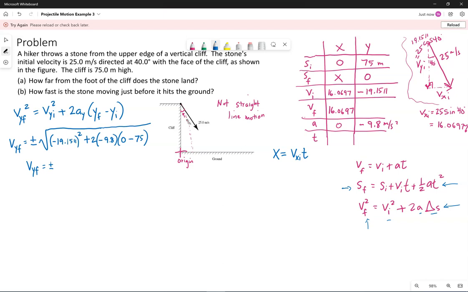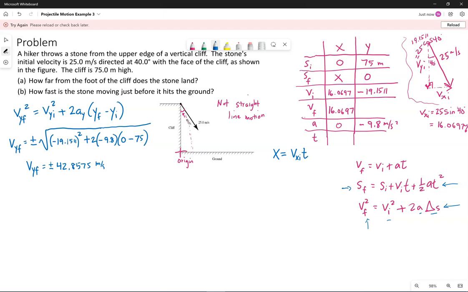So numerically, I get plus or minus 42.8575. And the units will be meters per second. In this case, we have to choose whether the positive or negative sign is appropriate.